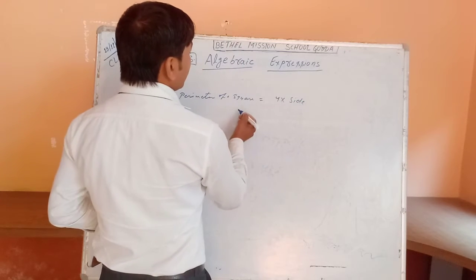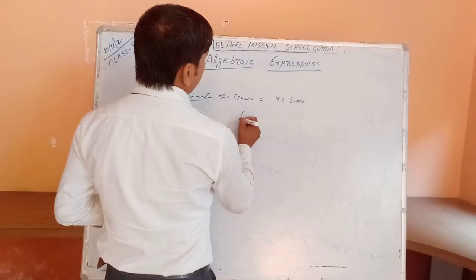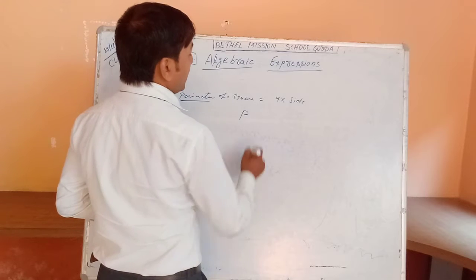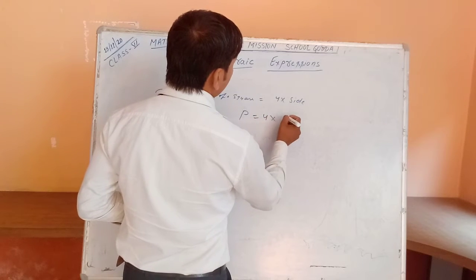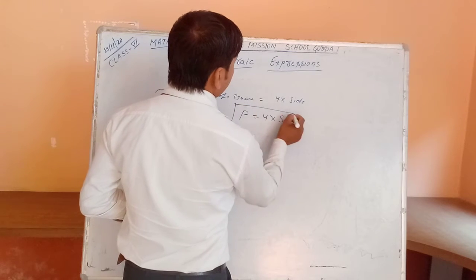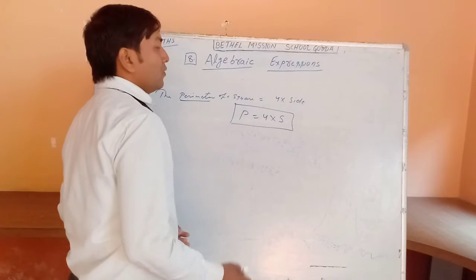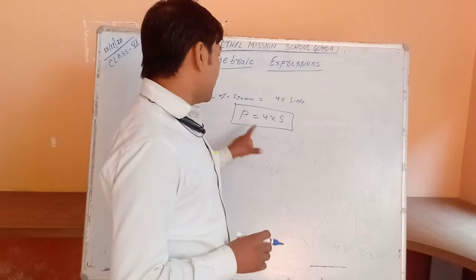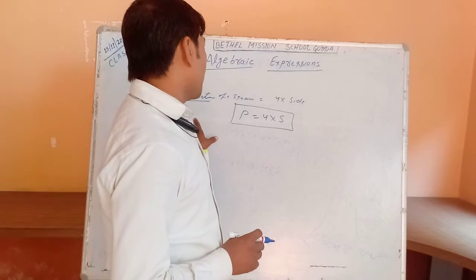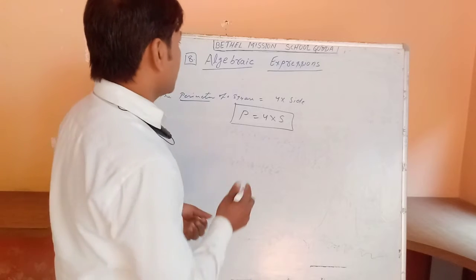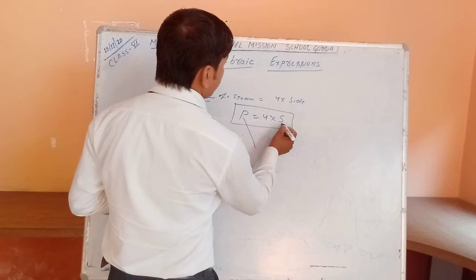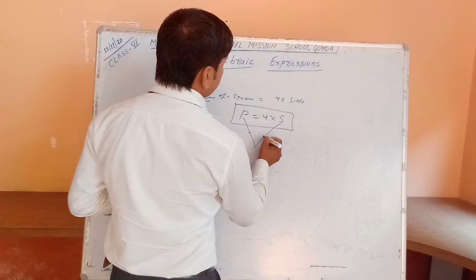If we denote perimeter by P and side by S, then P equals 4 into S, where P stands for perimeter and S stands for side. Here we use two symbols, P and S.